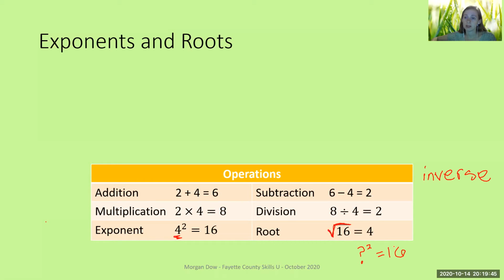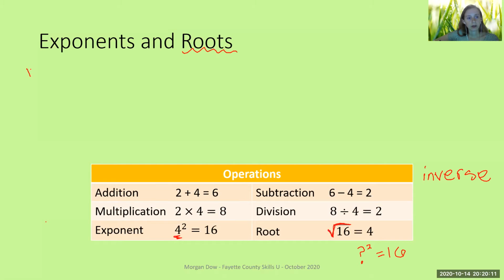So what number times itself equals 16? Let's try some more examples with square roots, and then we'll talk a little bit more about other roots, right? Because just like you can have an exponent of 2, an exponent of 3, an exponent of 4, and so on, you can also have all different kinds of roots. Square roots are certainly the most common though, so let's start with those.